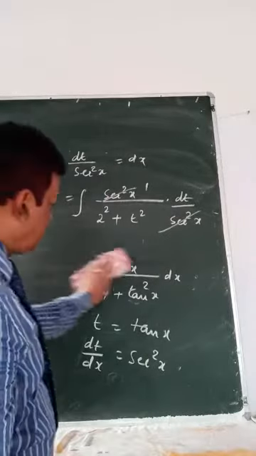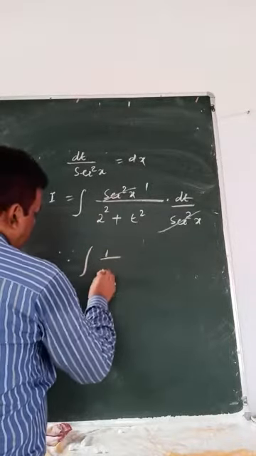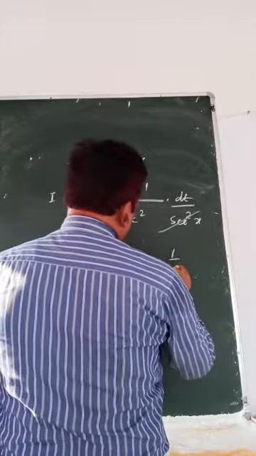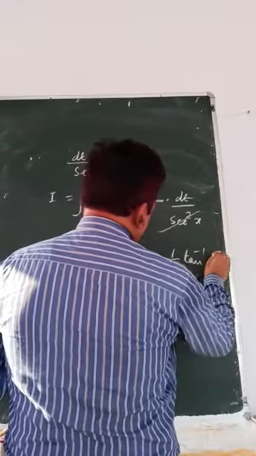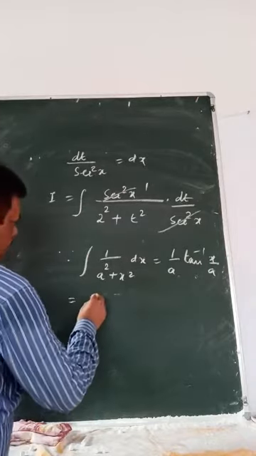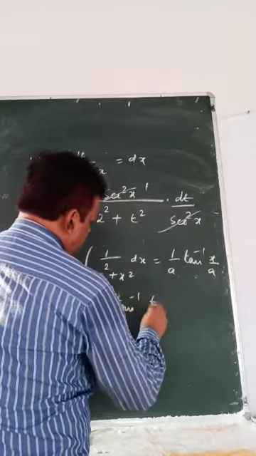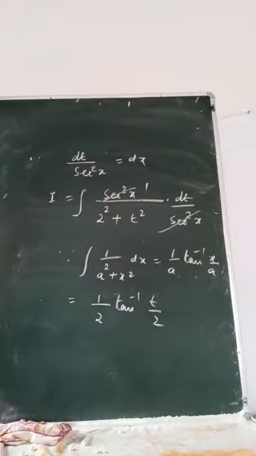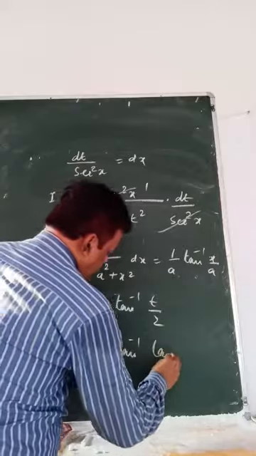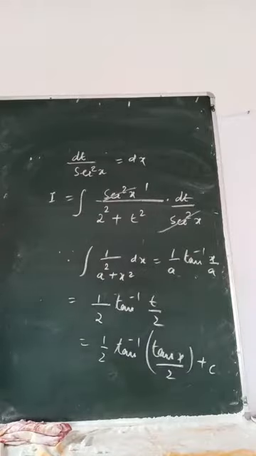So I can take the formula 1 by a square plus x square, which is 1 by a tan inverse x by a. Listen now. So that became 1 by 2 tan inverse t by 2. The t means 1 by 2 tan inverse of tan x by 2. Okay.